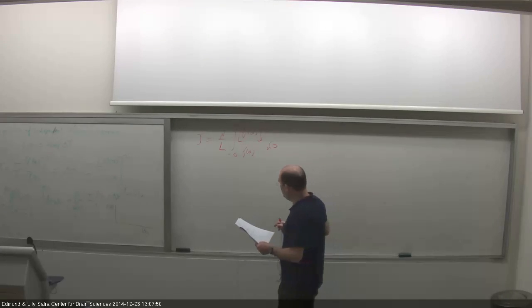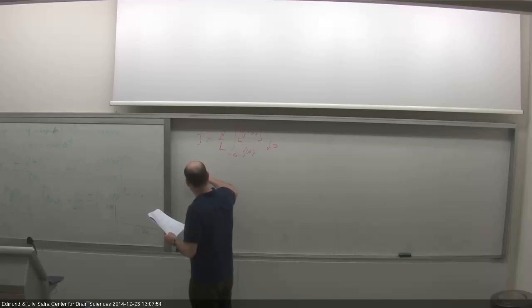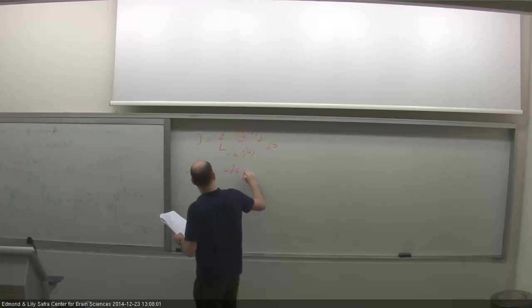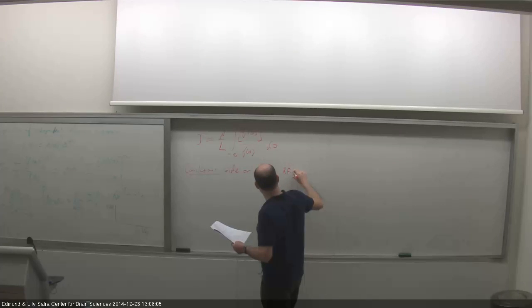What do I mean by that? This is the game that we're playing. First of all, title: the conclusion of this will be a discussion on the question of wide or narrow receptive fields.